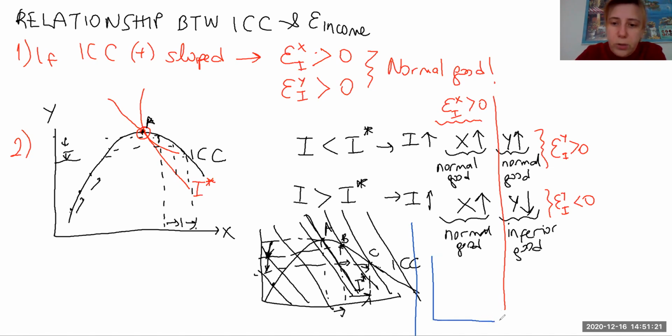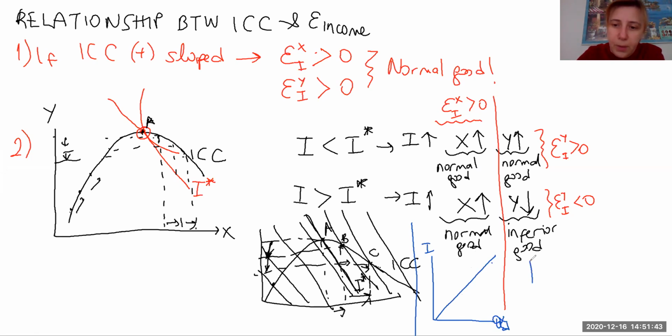If we put the quantity demanded of good X here and the income here, good X is a normal good for all income levels. So the Engel curve for good X is always positively sloped.